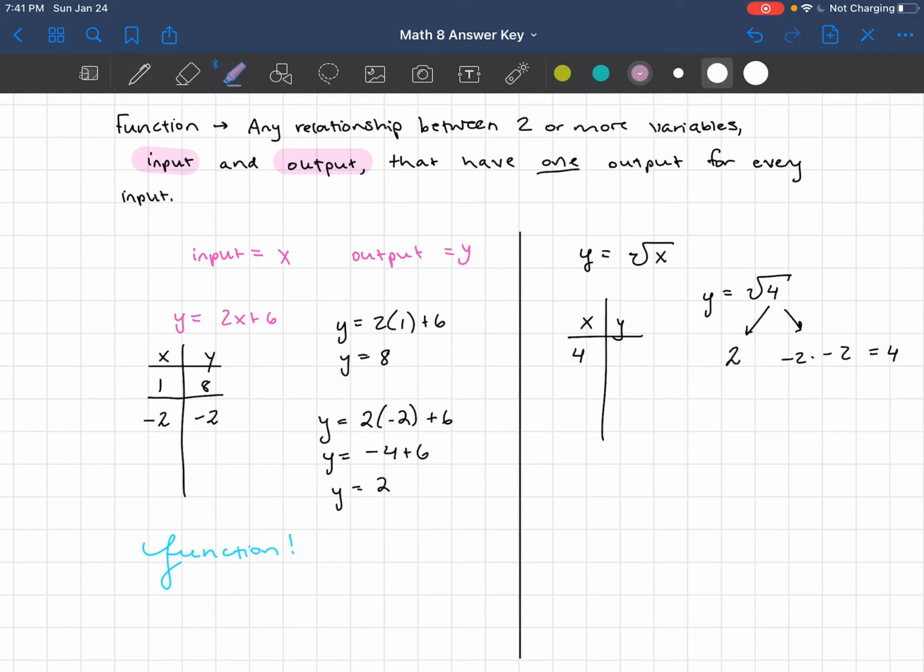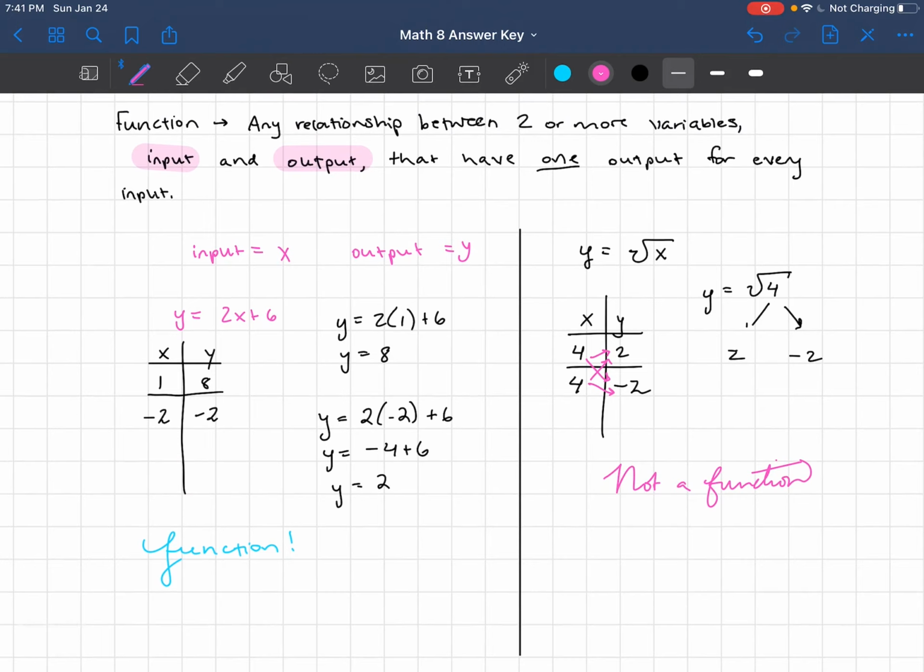However, negative 2 times negative 2 also equals 4, which means that there would be two outputs for this, 2 and negative 2. So another way you might see it written is like this. So you can see here that there is one input, but there's multiple outputs. So if you see a function that looks like this, that's a problem. Okay, this is not a function.